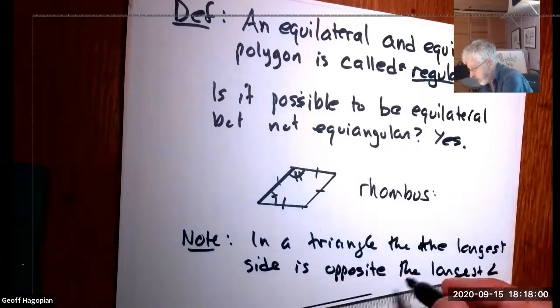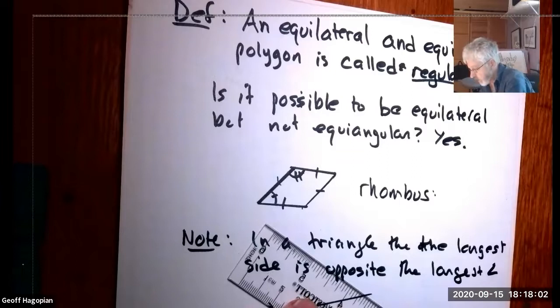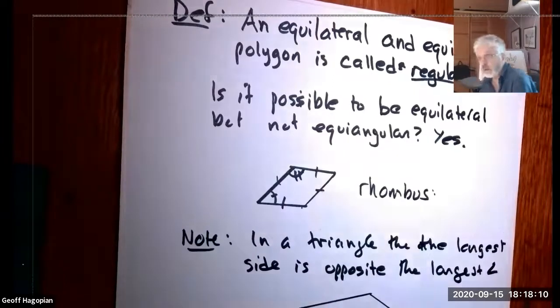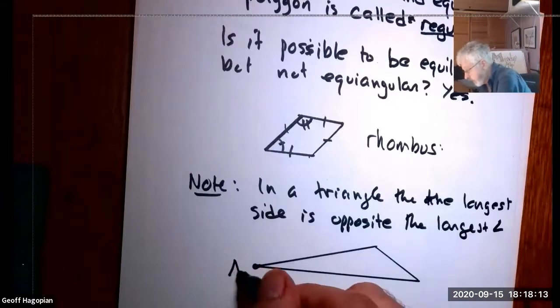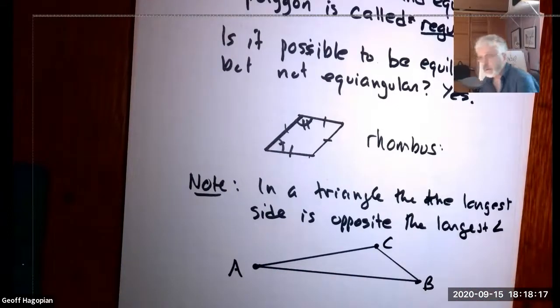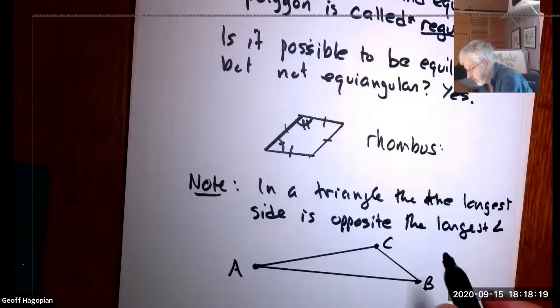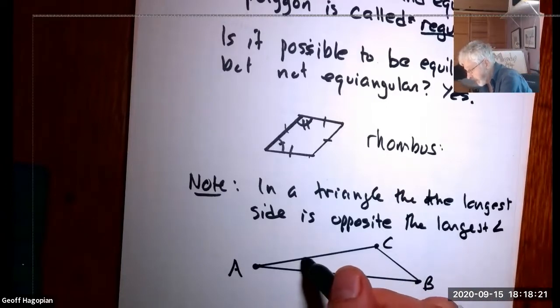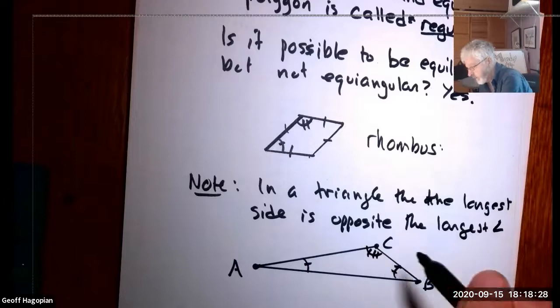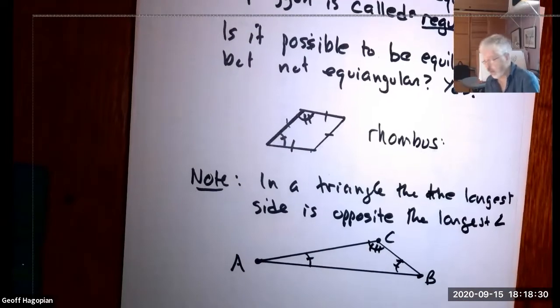So, if we draw a general obtuse triangle here, let's call the vertices A, B, C, in no particular order. The smallest angle here is this one. The next largest is this one. And the largest is this one. Those are all different, so this is a scalene triangle.